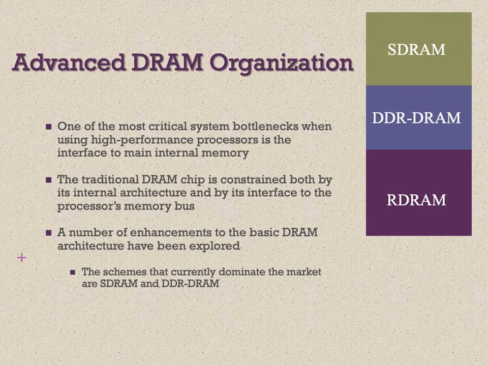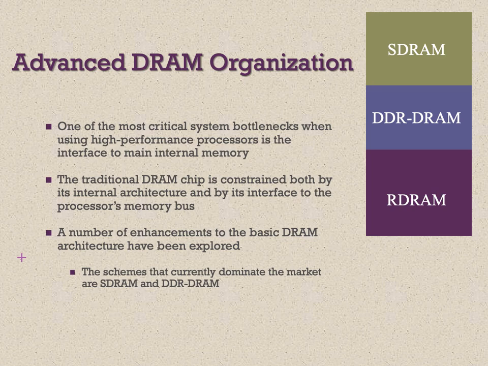So advanced DRAM organization, or simply DRAM. This is what you see: SDRAM, DDR DRAM, and RDRAM. One of the most critical system bottlenecks when using a high performance processor is the interface to main internal memory. This is the bottleneck because we need to put data closer to the processor, but that's not possible because of the expensive hardware circuitry for cache and registers.